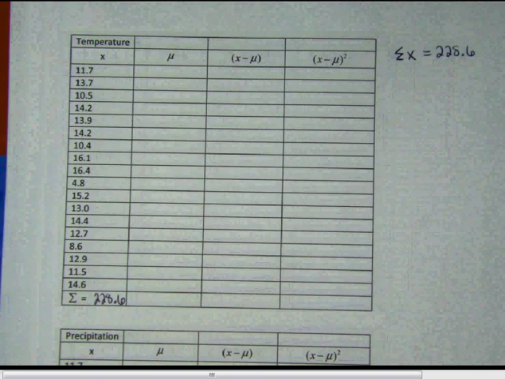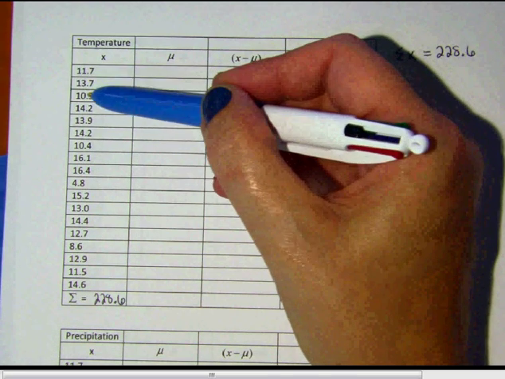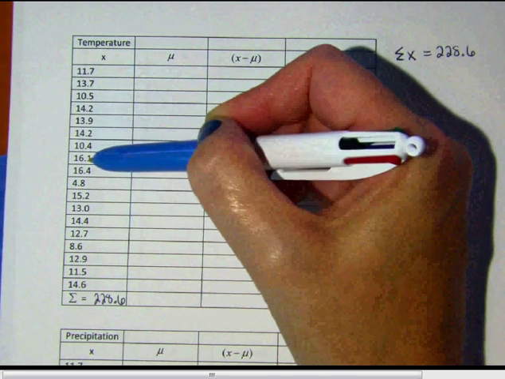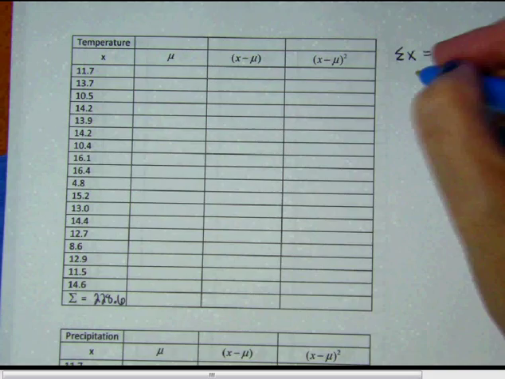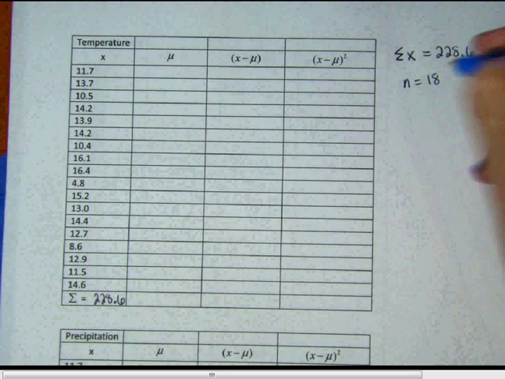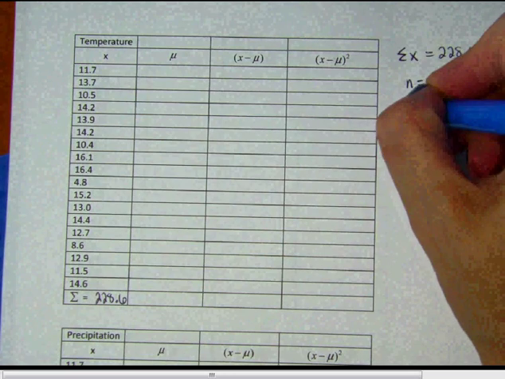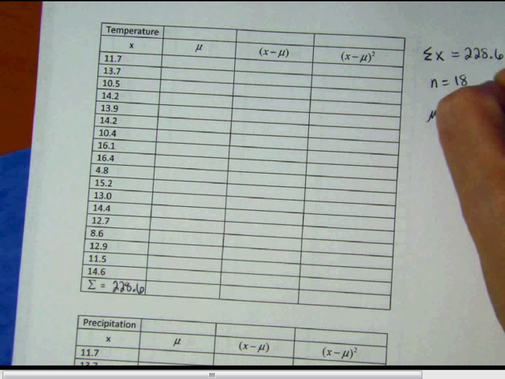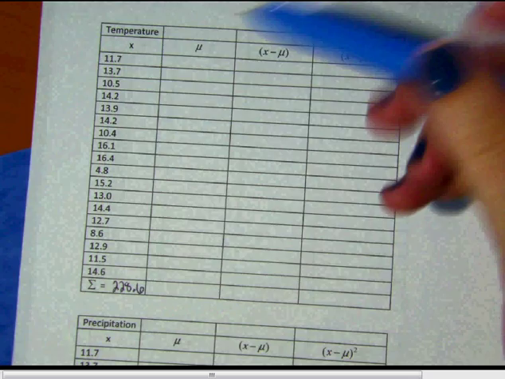Now I've added up 1, 2, 3, 4, 5, 6, 7, 8, 9, 10, 11, 12, 13, 14, 15, 16, 17, 18 numbers. So n is 18. So my average is 228.6 divided by 18. 18? Yes.